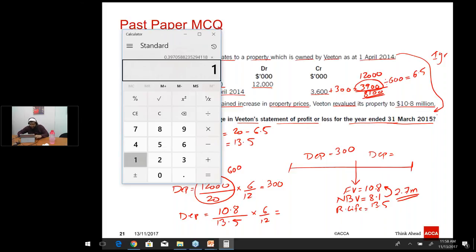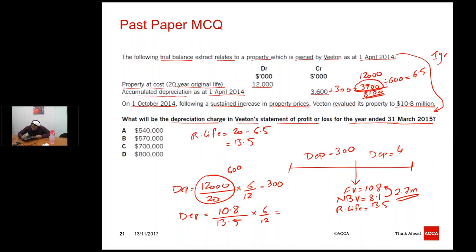We are calculating in thousands, so this would become 397, which will become approximately 400 because no values are there in the decimals. So the total depreciation in this case would become 700. So your answer is actually C in this part. So the answer is also C.